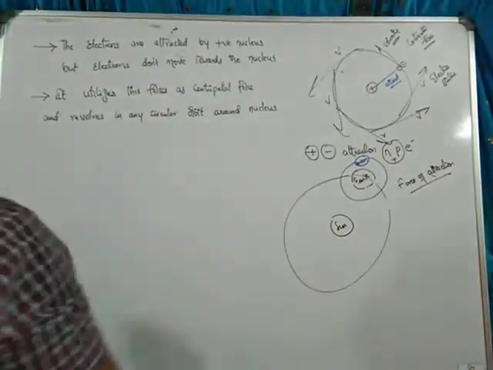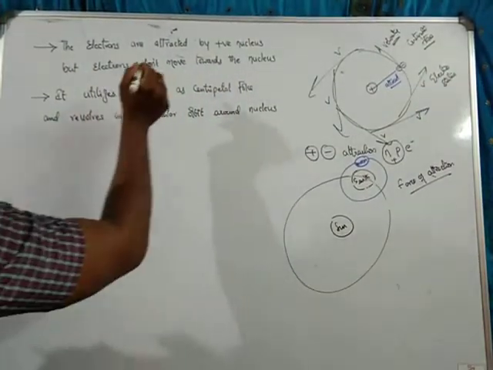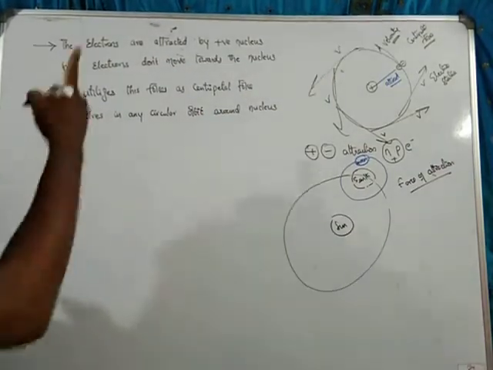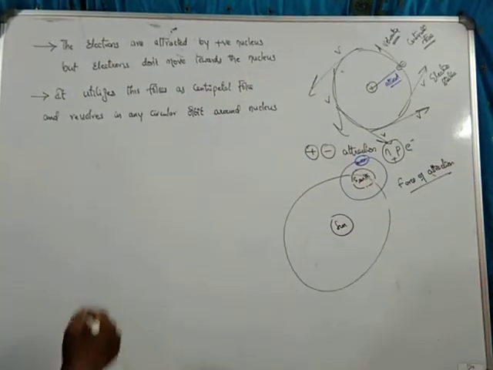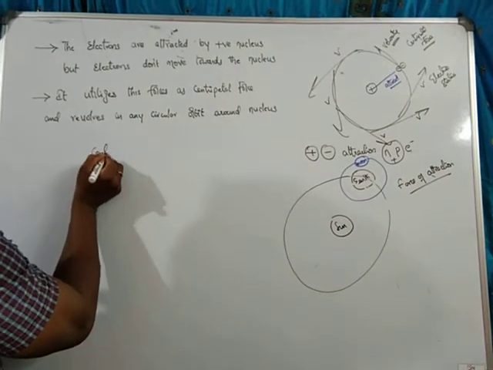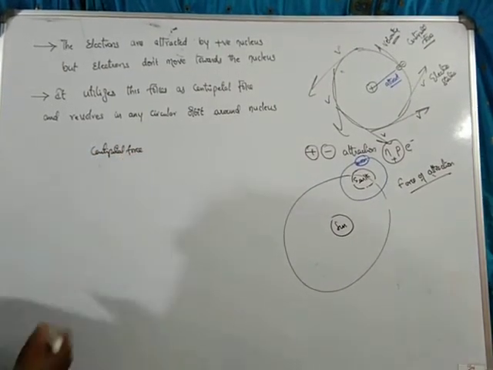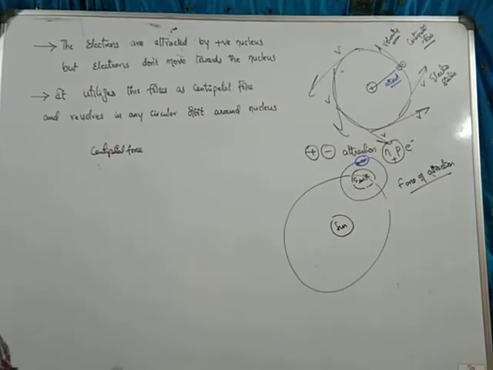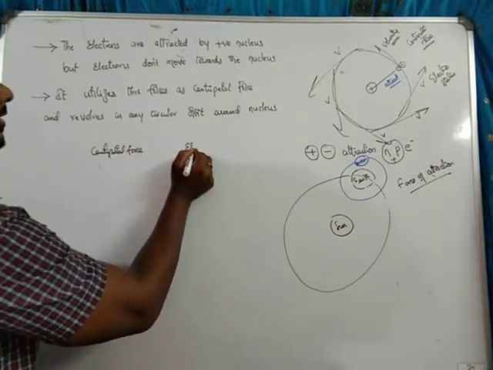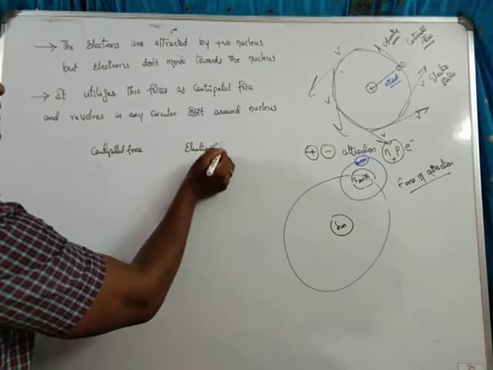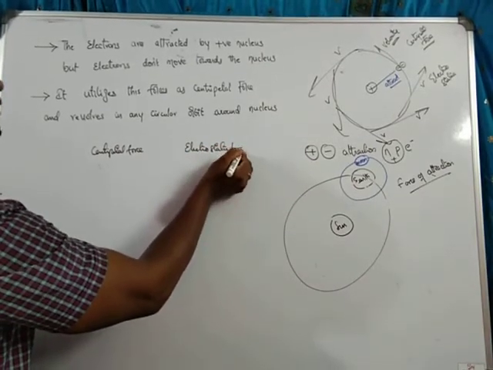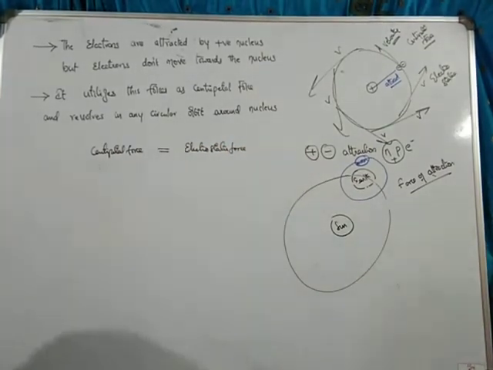So why is it not moving? The negative charge moving with some velocity will generate some centripetal force, and between the nucleus and the negative charge, it generates some electrostatic force. These both have equal strength.